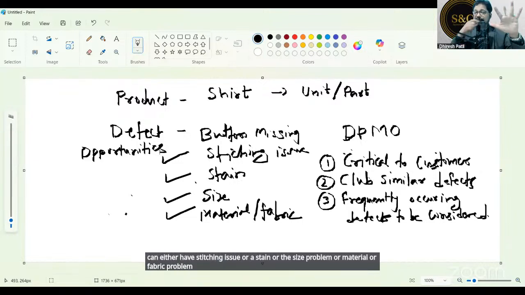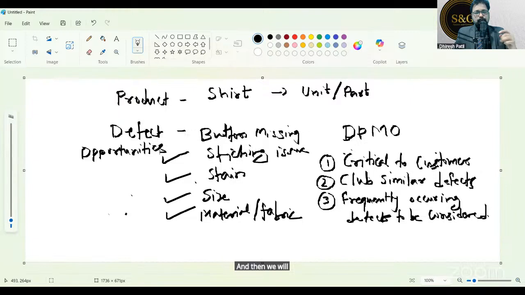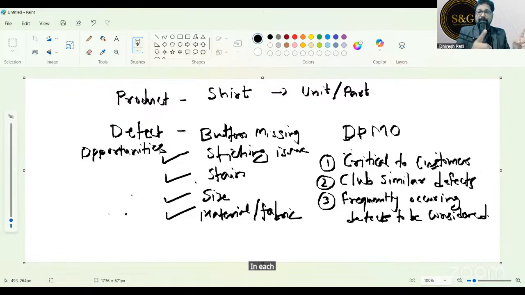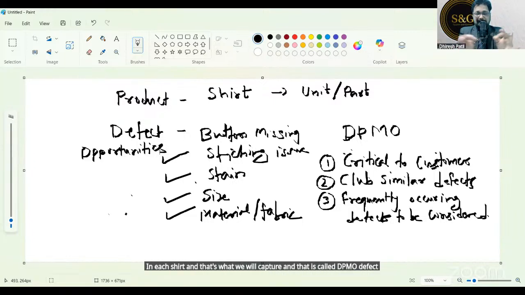These are the 5 defect opportunities in the entire shirt. Then we will check the product and find out how many defects have arrived out of these 5 in each shirt. That's what we will capture, and that is called DPMO, defects per million opportunities. I'll give you the formula for this.